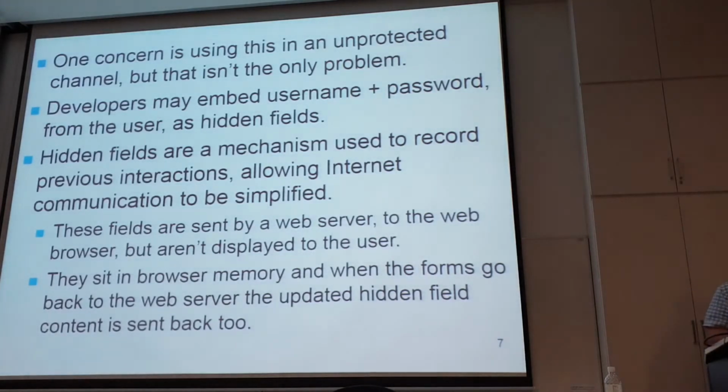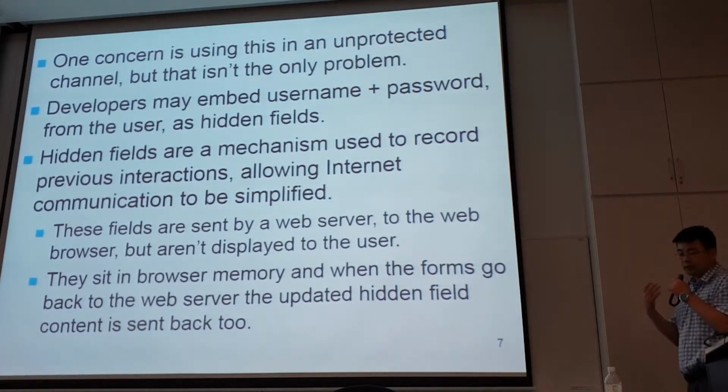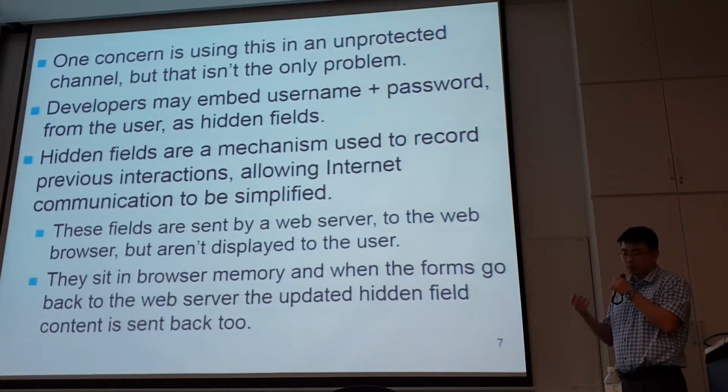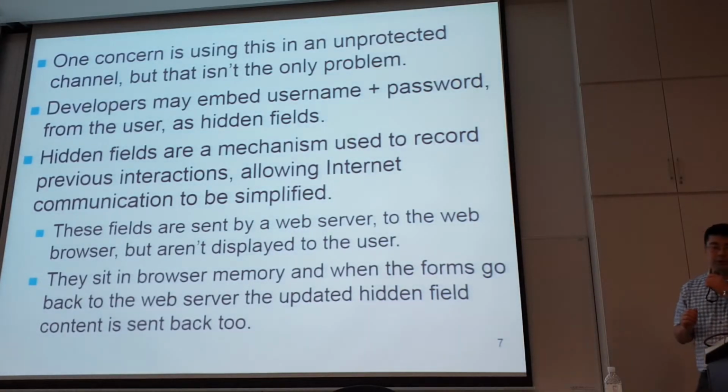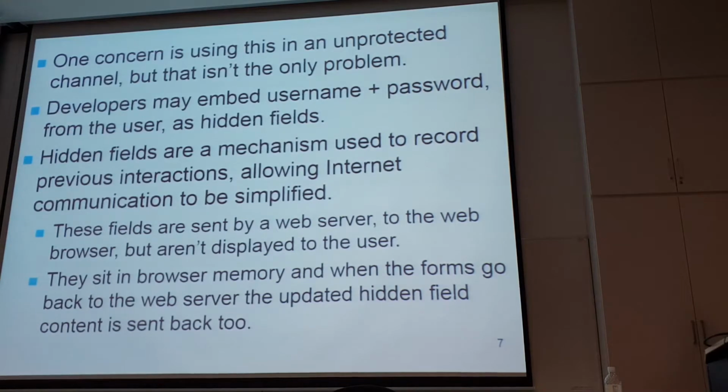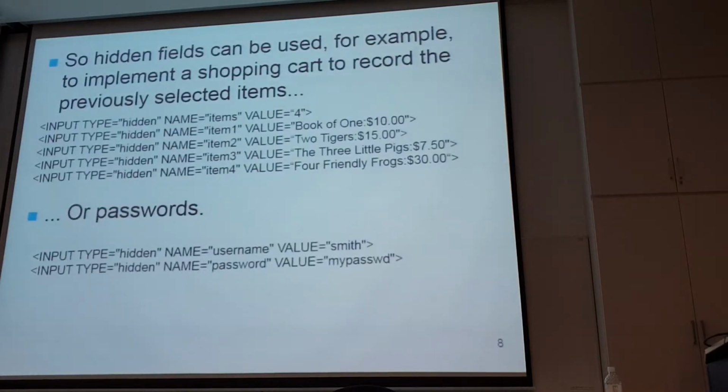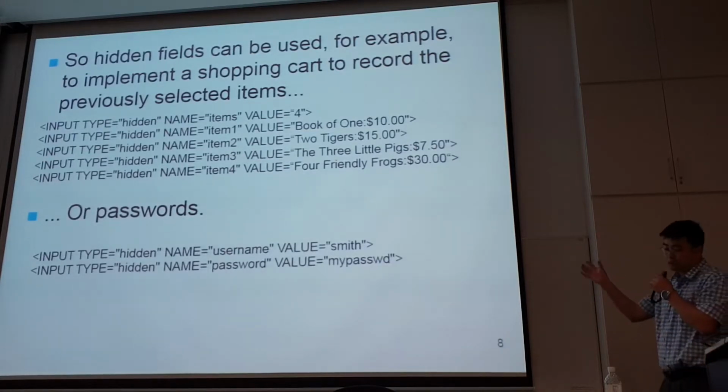And for HTTP or HTML, this is not the only problem. There is another problem, which is related to the GET protocol. When you try to send information to the server, you can use the GET protocol or the POST protocol, right? Also, sometimes instead of using the GET protocol, you can store some information in your cache by using, for example, hidden fields.